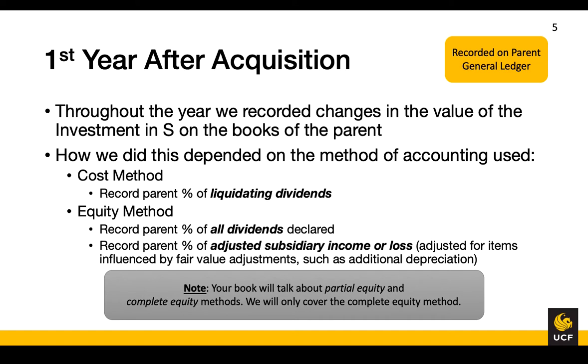If the parent company chooses to use the equity method, then the investment in S account will be decreased anytime the subsidiary pays dividends and will also be adjusted for the parent's share of any income or loss reported by the subsidiary. Note, your book makes the distinction between the complete equity method and the partial equity method. Whether or not the partial equity method is truly allowed under US GAAP is debatable, and it adds extra complexity to the situation. So we will cover only the complete equity method in this class.